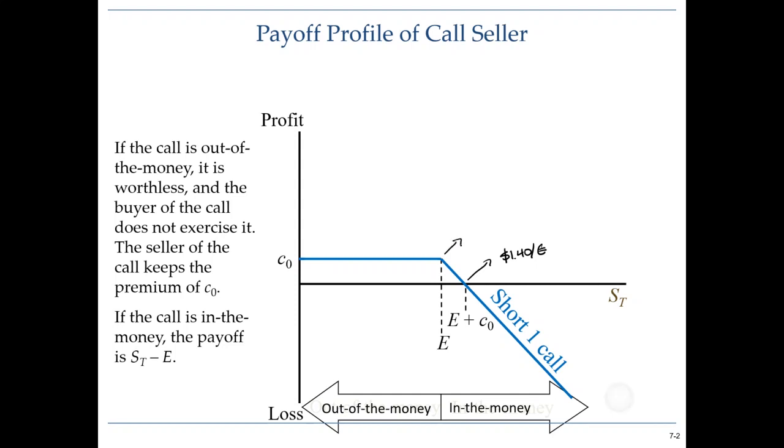For all future spot rates below $1.30, the buyer will not exercise the contract and just let it expire, which means the seller gets to keep the premium of 10 cents. So this is the most money they'll make, and that is for all future spot rates lower than $1.30. But for all spot rates higher than $1.40, they start losing money. So this is what the payoff profile of the call seller looks like.